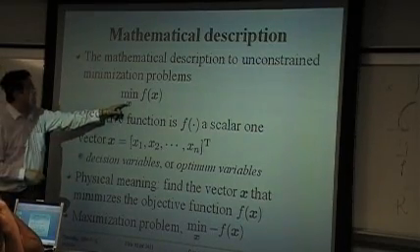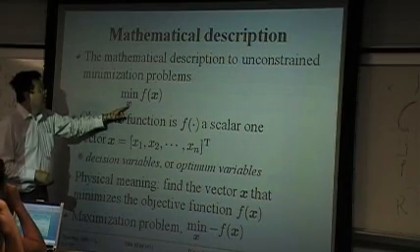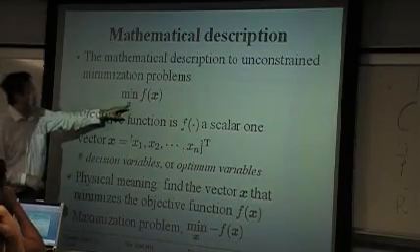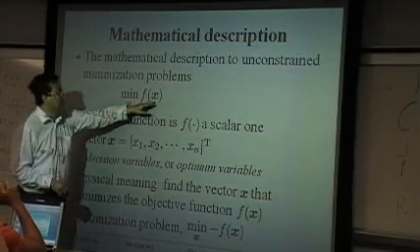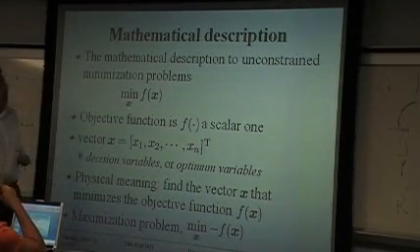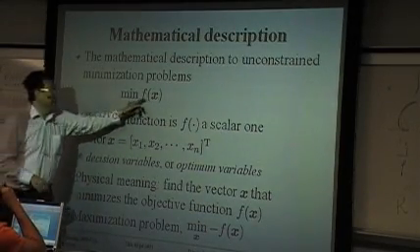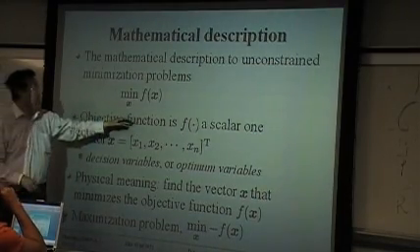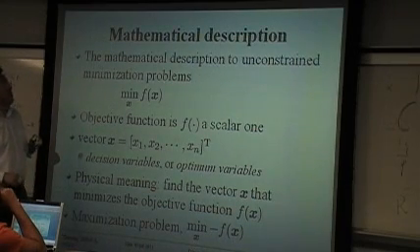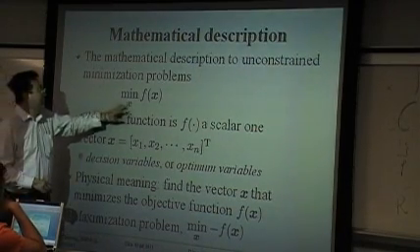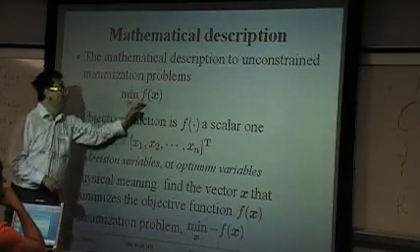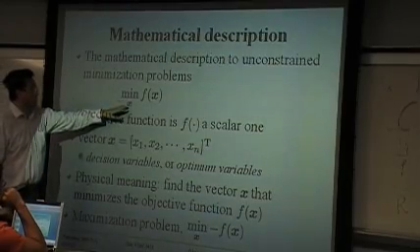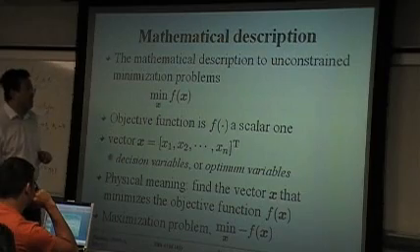The physical meaning of this is we want to find the value of x which minimizes the function f of x, where f is a scalar function and this is called an objective function. So the standard minimization problem is to find the x which minimizes this objective function, and x can be selected as any number, so we call it unconstrained optimization problems.